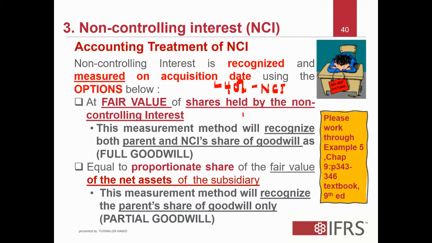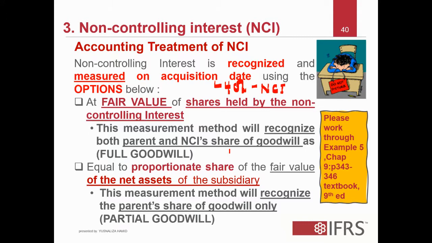At fair value of the shares held by the non-controlling interest, look at what are the shares held in the subsidiary company, and therefore the non-controlling interest shares will be based on the fair value of the shares held on the date of acquisition.